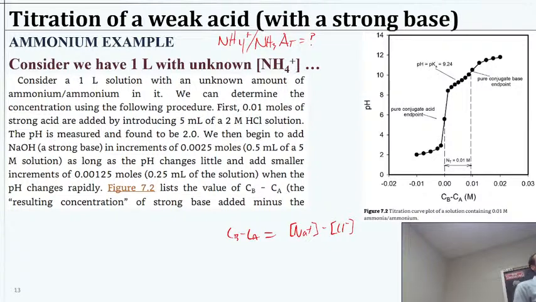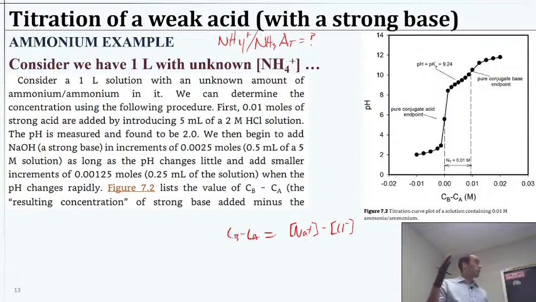That's my point, right? And then we can be adding strong base, and we know we're incrementing based on the strong base that we're adding. Okay, so we started there. We begin to add NaOH in increments of 0.0025 moles. That would be 0.5 milliliter drops of a 5 molar solution.